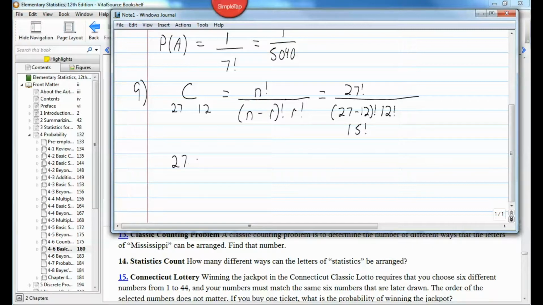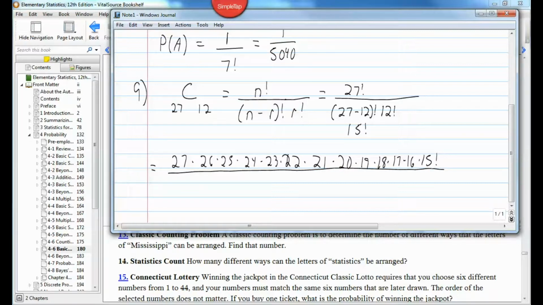So the numerator is 27 times 26 times 25 times 24 times 23 times 22 times 21 times 20 times 19 times 18 times 17 times 16 times 15 factorial, over 15 factorial times 12 factorial.